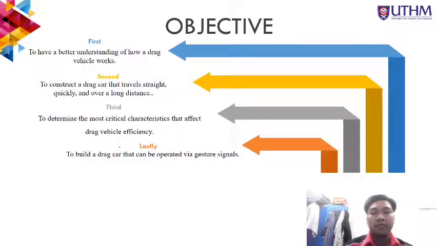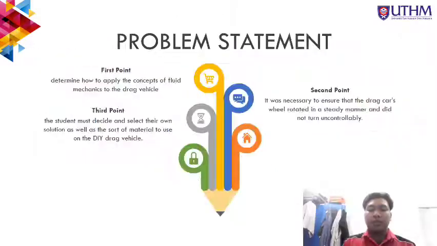So the next point of the introduction is the problem statement. First point is to determine how to apply the concept of fluid mechanics to the drag vehicle. We need to understand fluid mechanics, which has a lot of chapters and a lot of subtopics. We are using the Bernoulli equation, Bernoulli and continuity, and the subtopic of momentum, the rate of change of momentum, applied to the car.